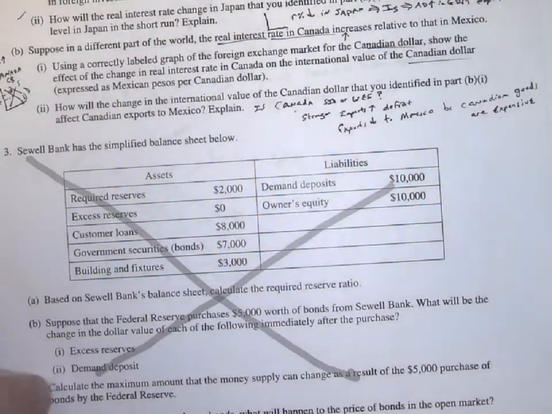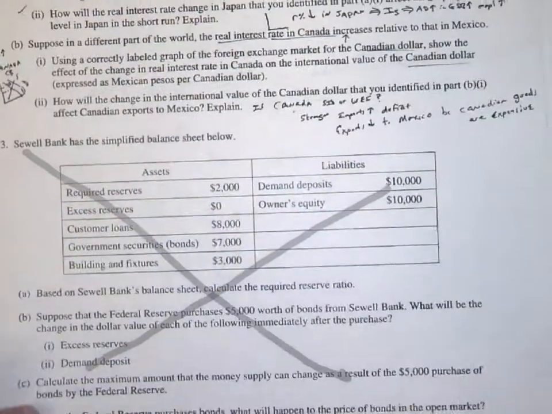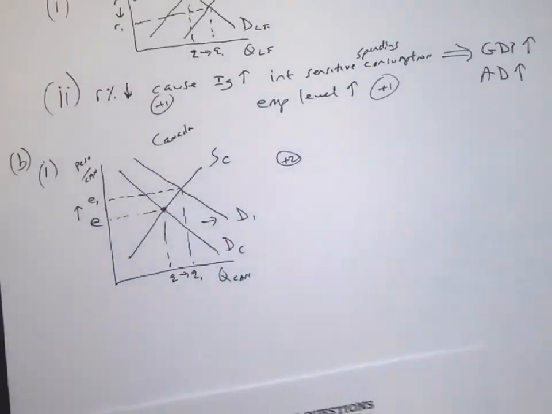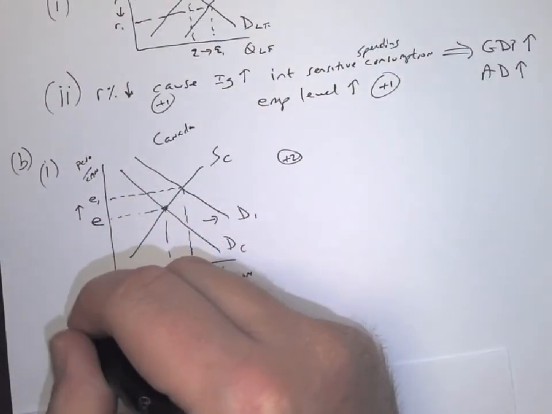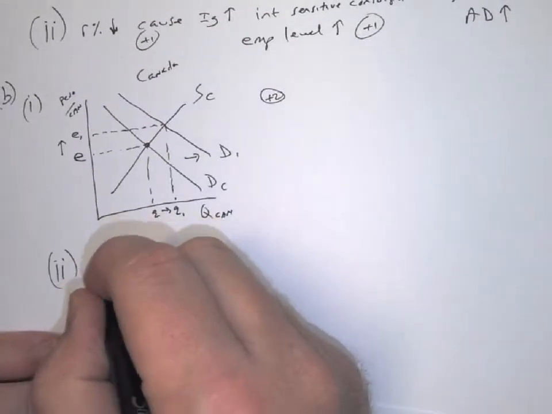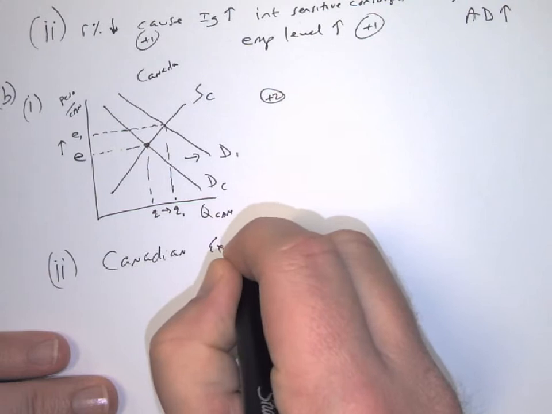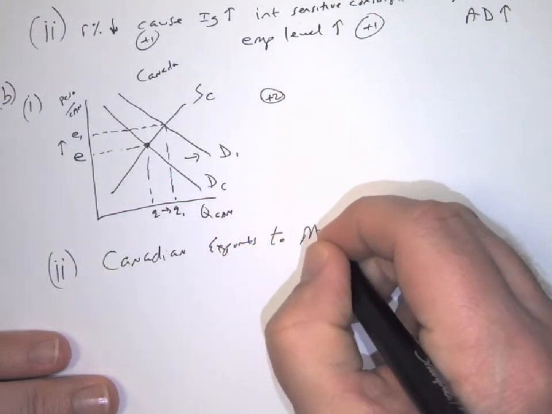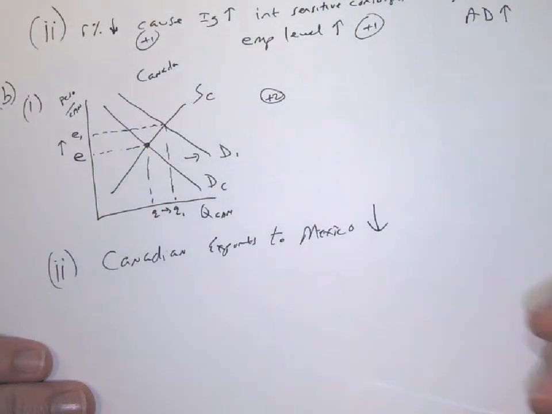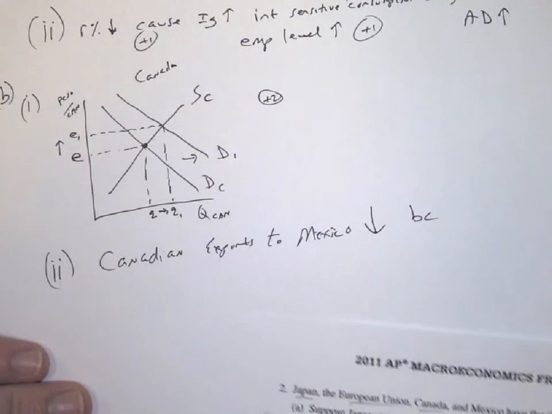Now, they're asking what's going to happen to Canadian exports to Mexico. And here's this magic word, explain. Okay, so Canadian exports to Mexico are going to decrease. They're going to decrease because, remember, Canada is now SID.